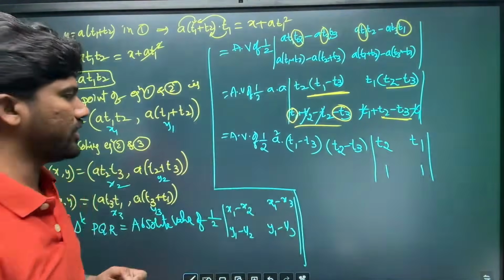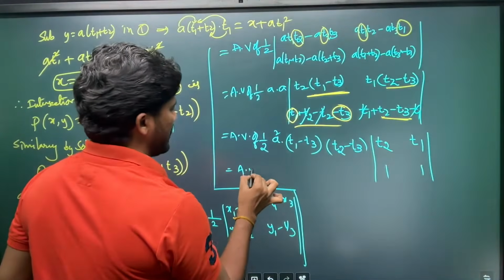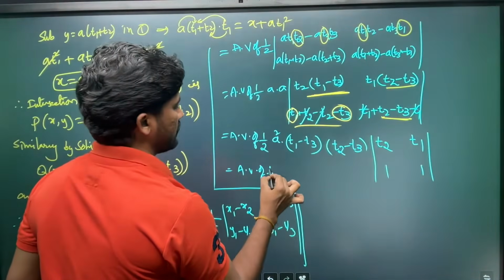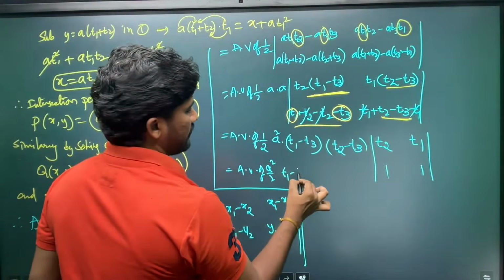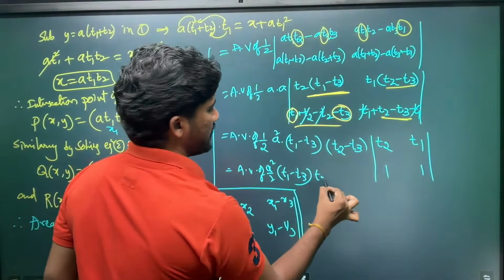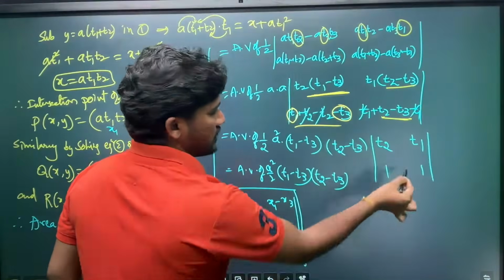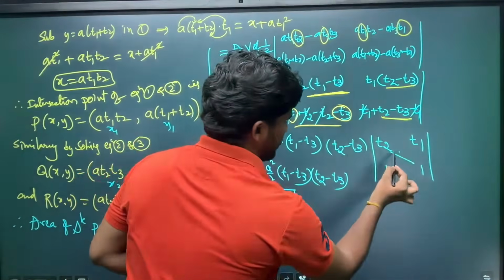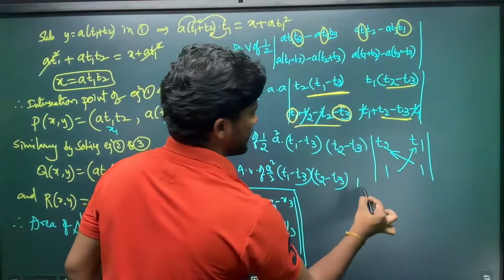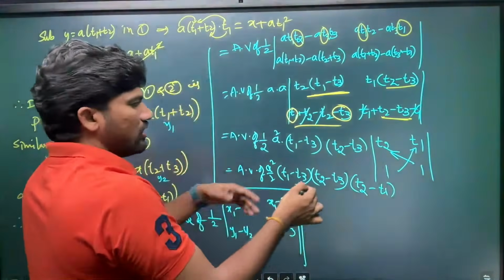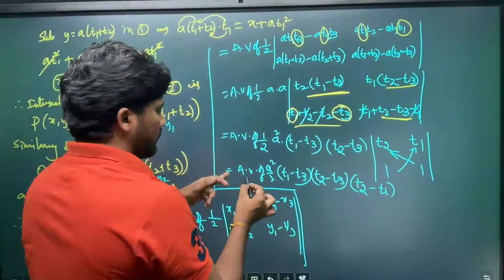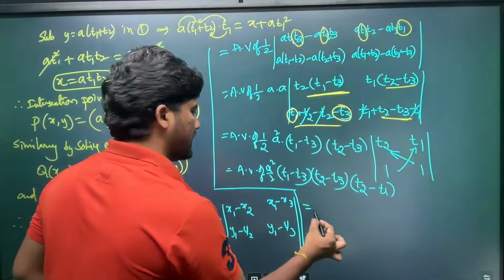Clear, everyone? So therefore absolute value of 1 by 2 into a square by 2 into t1 minus t3, next t2 minus t3. Do cross multiply, the ad minus bc formula, what do you get? t2 minus t1. So now the total modulus is completed, so instead of writing absolute value, apply the modulus.